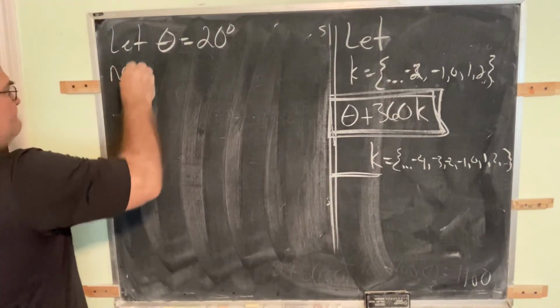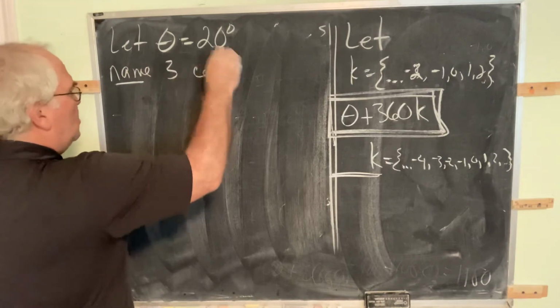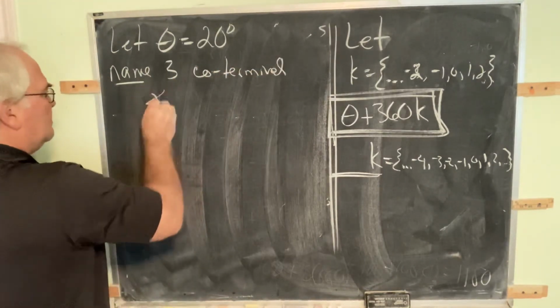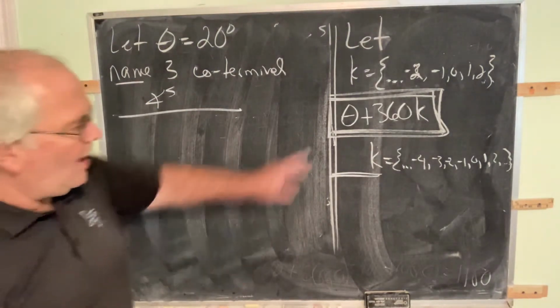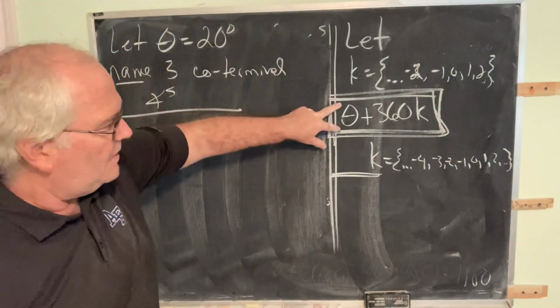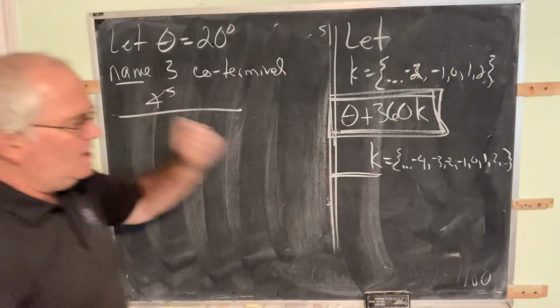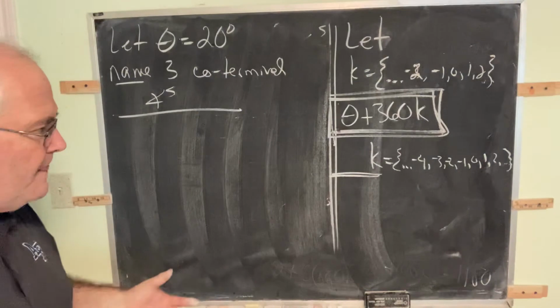Name 3 angles coterminal with theta. And all you do is you take this value, theta is given to be 20, and let K pick any 3 you like. Any 3 of those numbers. You might as well pick the simplest ones.